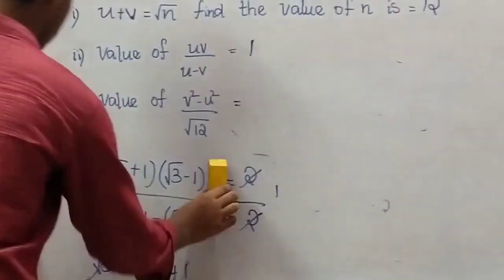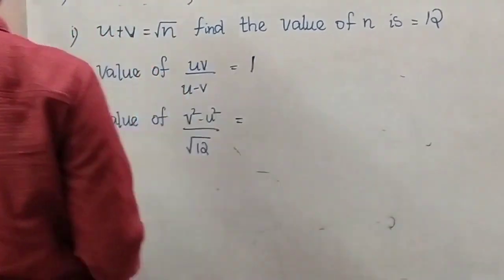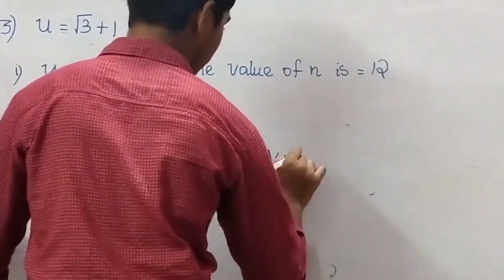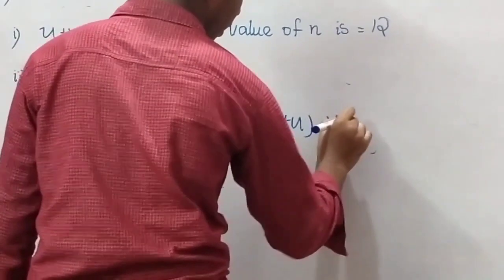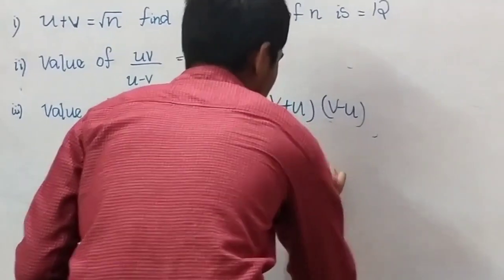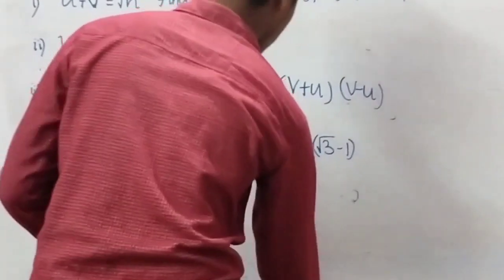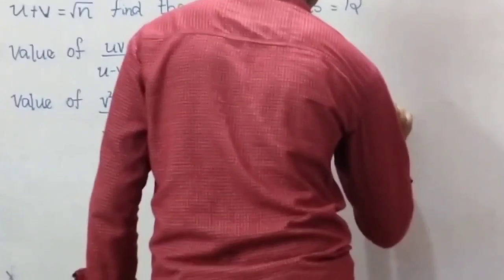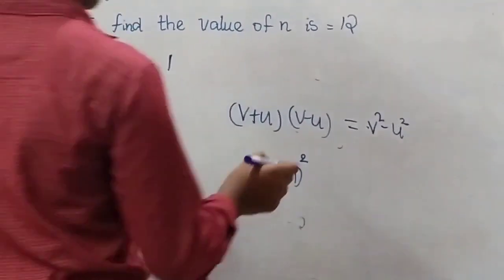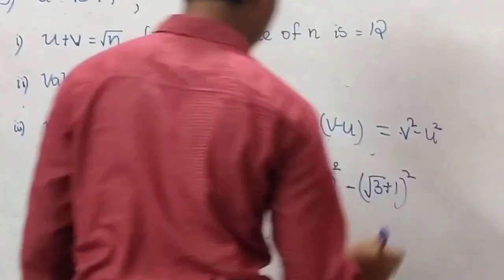Now I will solve the third question, v square minus u square. You can also write this as (v plus u) into (v minus u). I am writing the direct answer. V square minus u square: v is (root 3 minus 1) whole square, minus u, (root 3 plus 1) whole square.